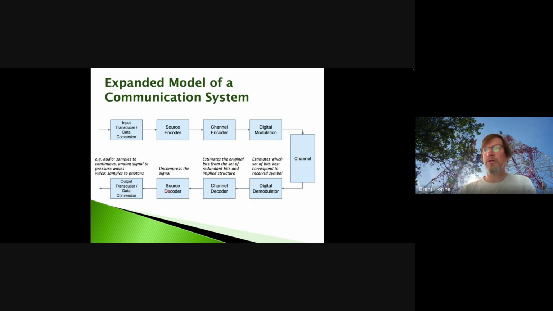Then the source decoder, now it's the converse of the source encoder here. We're basically compressing the signal, trying to take an information signal and compress it such that we can send it in the most efficient manner.